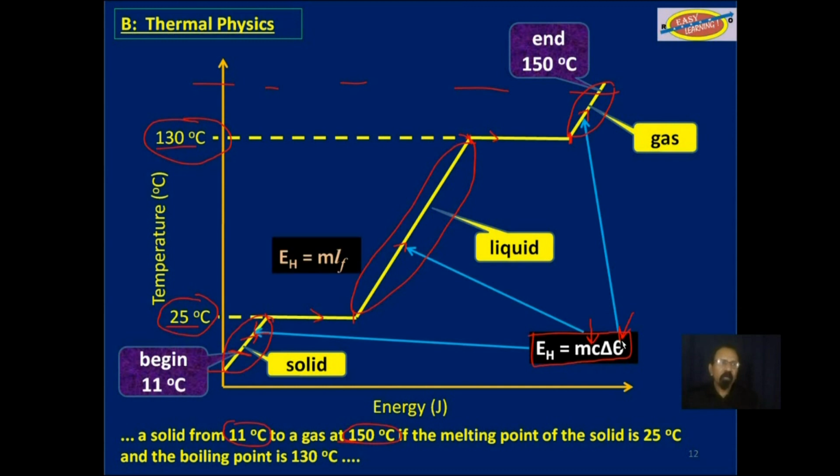And then here where you don't have a change in temperature, and up here where you don't have a change in temperature, you are basically using the same formula, which is EH = mLf, or EH = mLv. So in a sense, we're actually using two formulas. One of them 3 times and the other one twice.